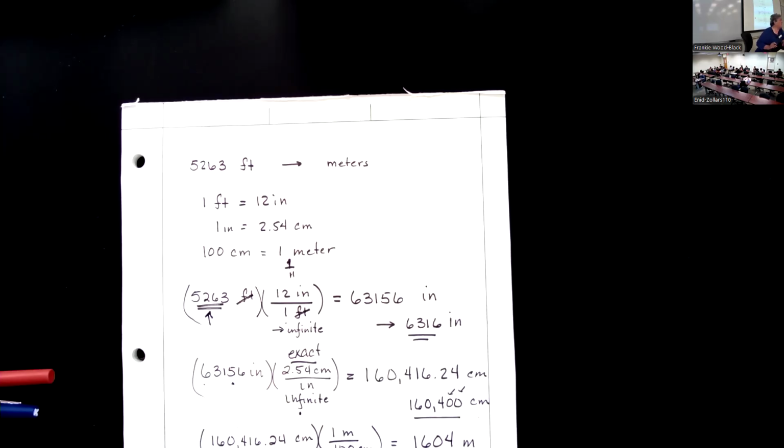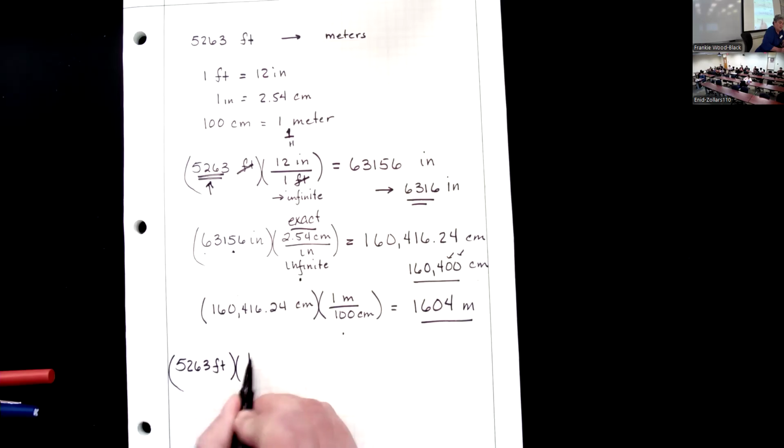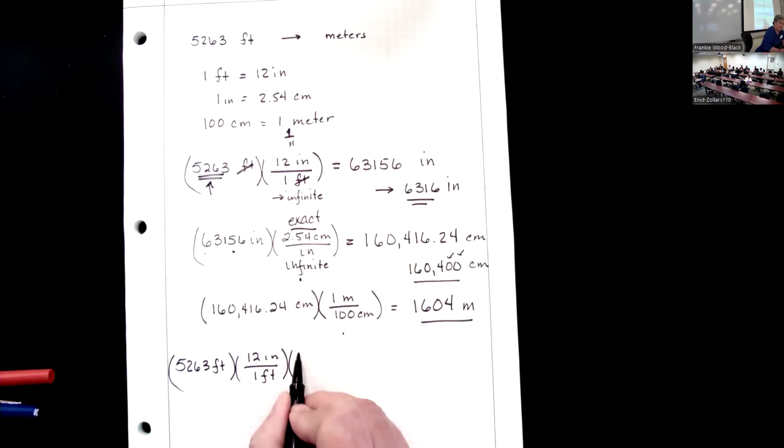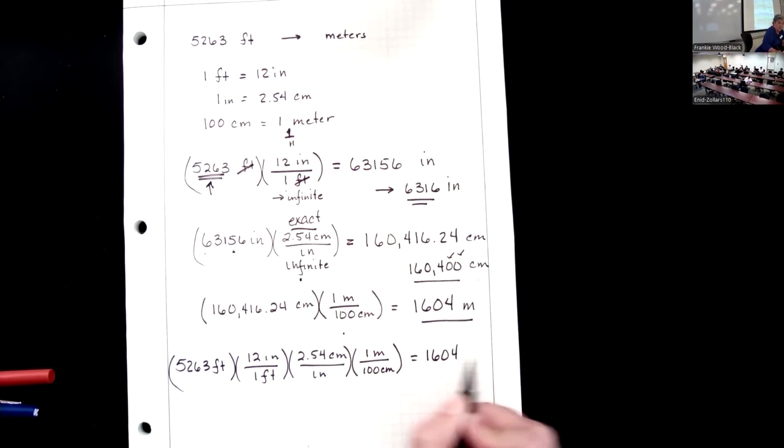Now, of course, we could have done this all in one step. So let me write it out all in one step. 5,263 feet, 12 inches per 1 foot, 2.54 centimeters per inch, and 1 meter per 100 centimeters. 1604 meters.